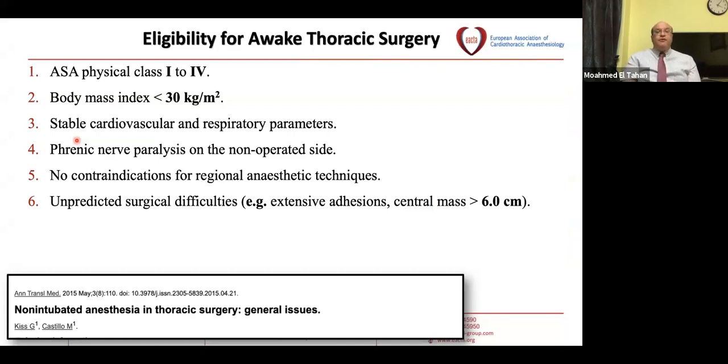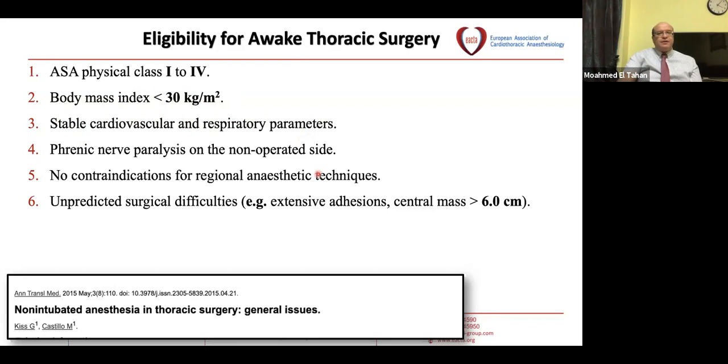You have to focus on selecting the most feasible candidate for awake thoracic surgery. When you are starting the program of awake thoracic surgery, you have to consider first patients with ASA physical class 1 to 4, and lower classes are better at the beginning. Body mass index should be less than 30, in case you need to convert the position from lateral to supine, and to reduce the incidence of hypoventilation.